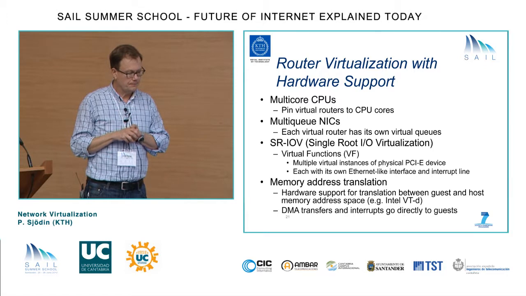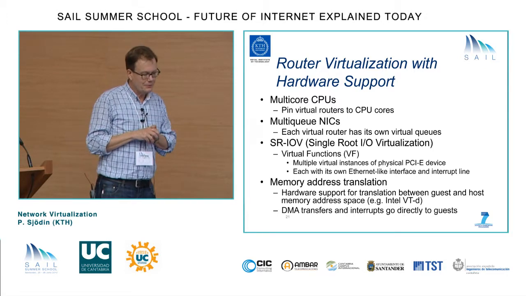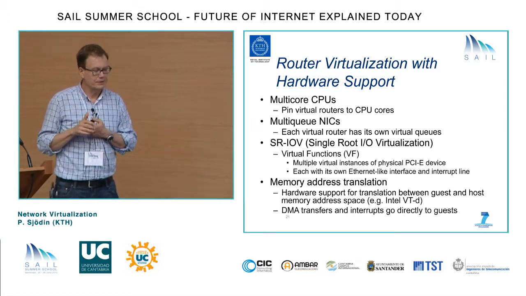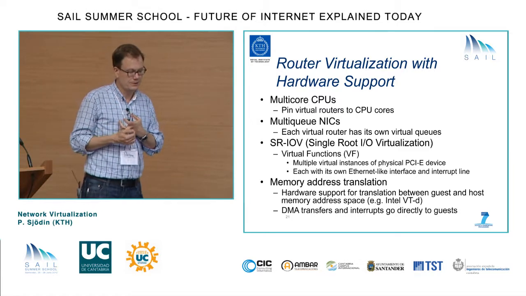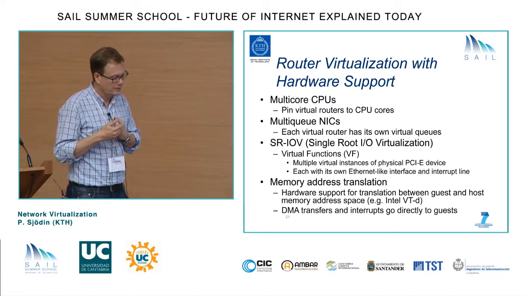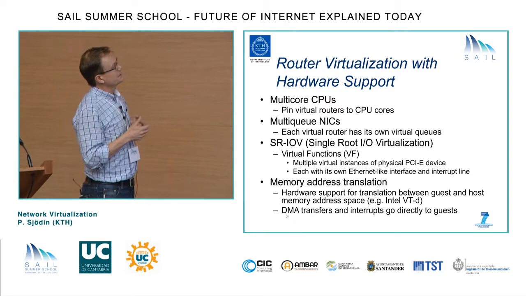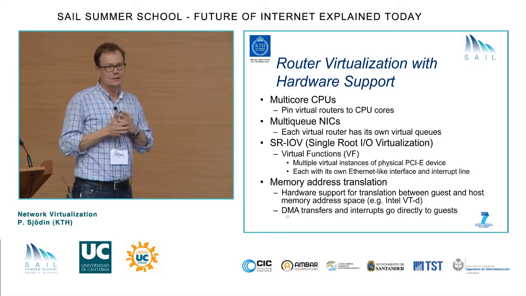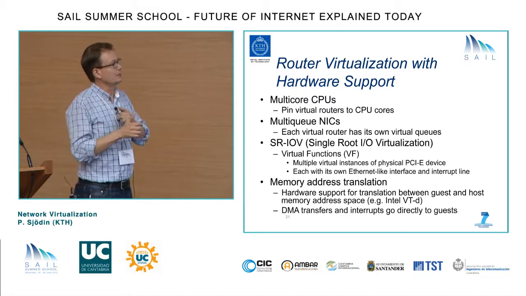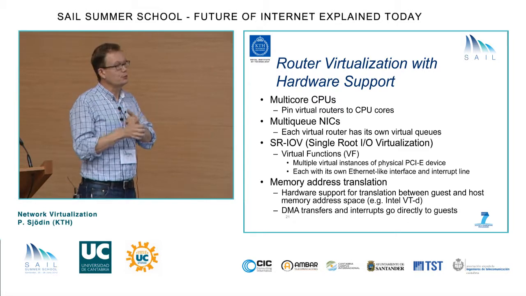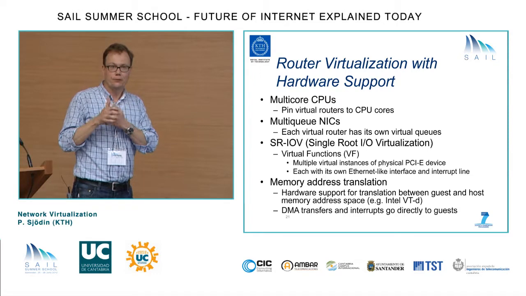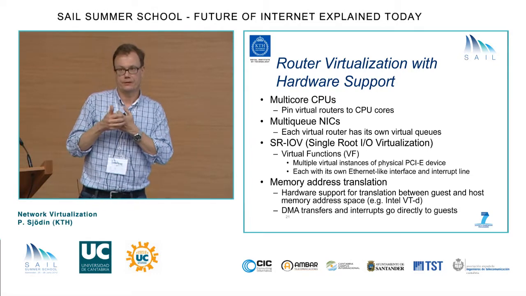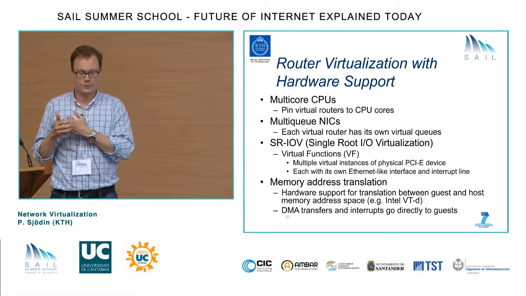And on top of that, we're going to use something called SRIOV, Single Root I/O Virtualization, which means that there is support in the NIC hardware for having virtual interfaces inside the operating system.